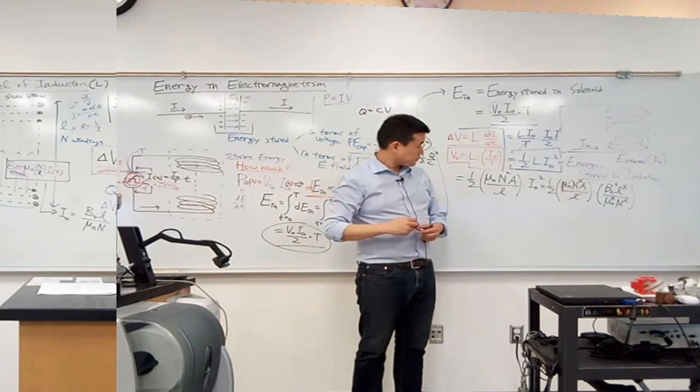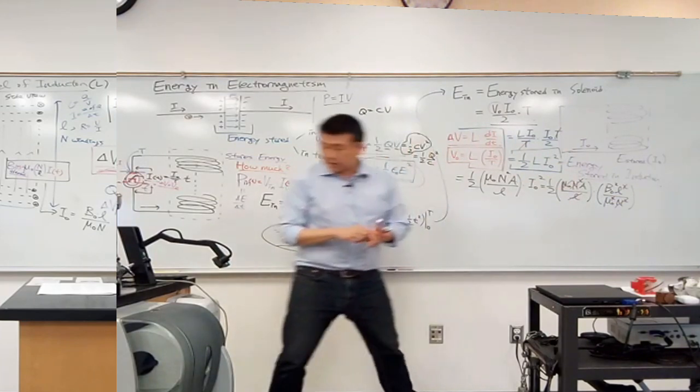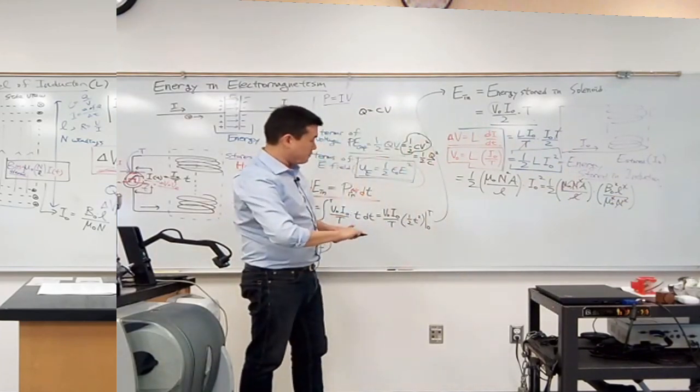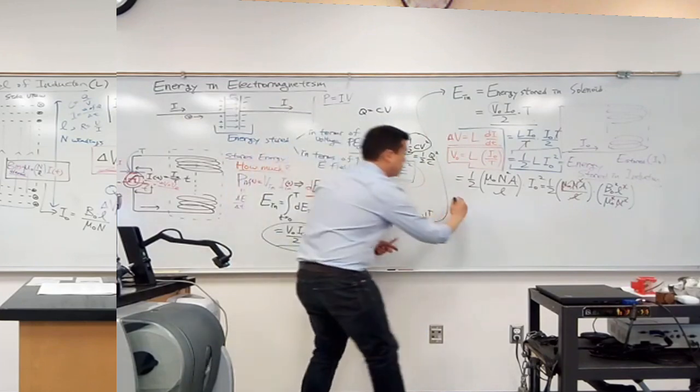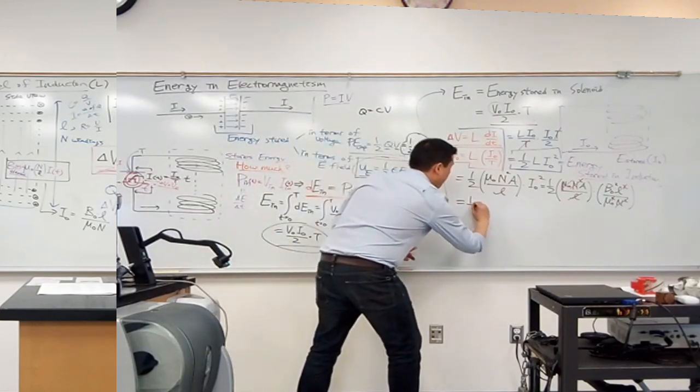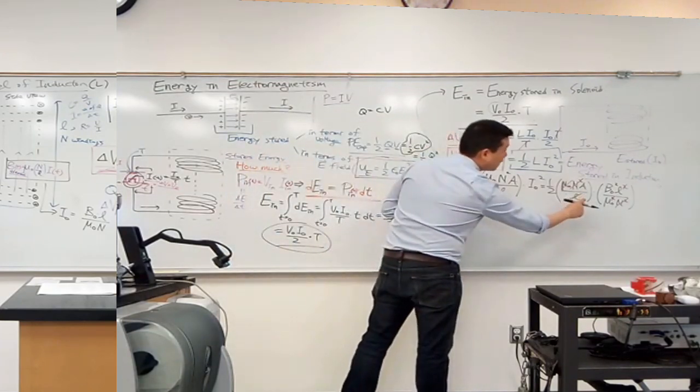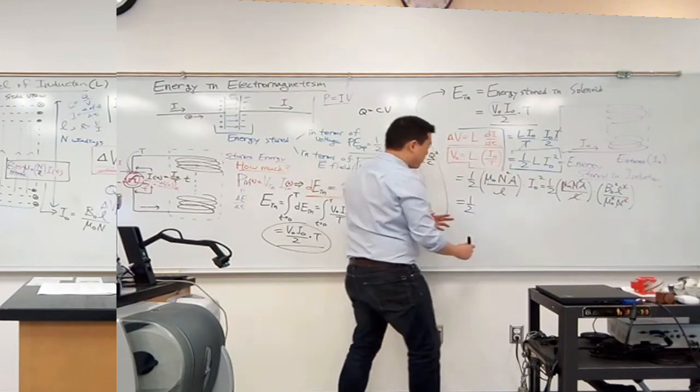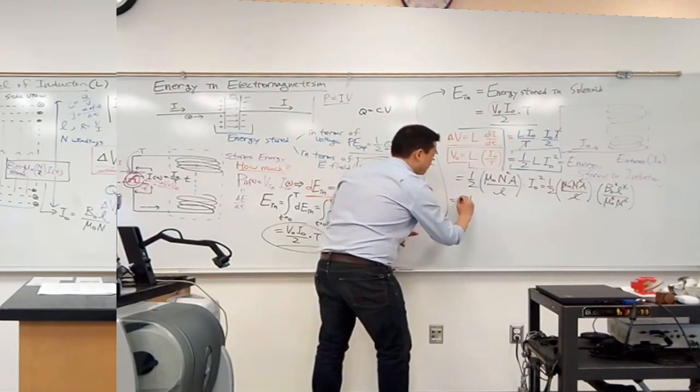So this is what I see. Let me write down the cleaned up version. The cleaned up version is 1/2. Let me group the terms in two groups.